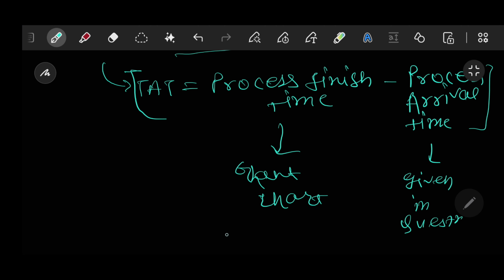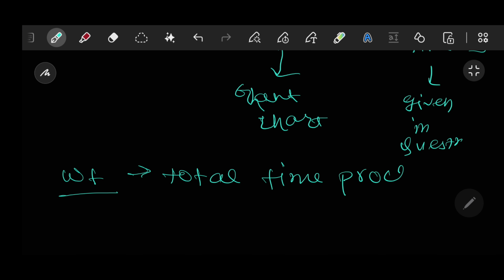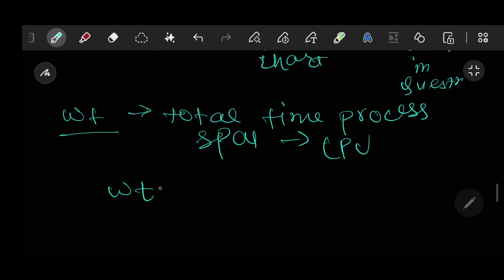The next term we are going to discuss is waiting time. Waiting time is just the total time a process spent waiting for the CPU. The formula for waiting time is turnaround time minus burst time.